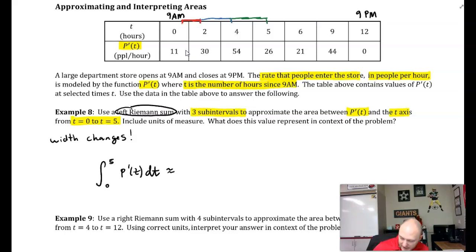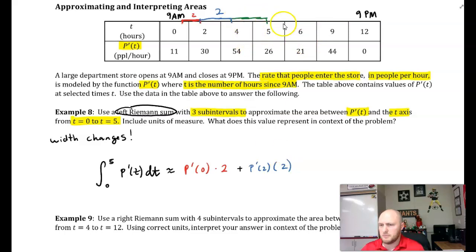Okay, so I have p prime of 0, so that's my height, and the width is 2, plus p prime of 2 times 2 also, the distance here from 2 to 4 is 2. And then lastly, the width from 4 to 5 is 1. So I'm going to add the height, p prime of 4, times the width, which is 1.